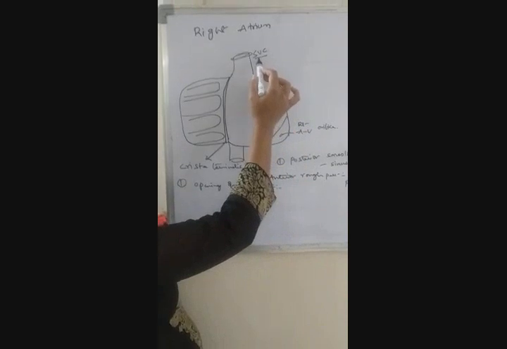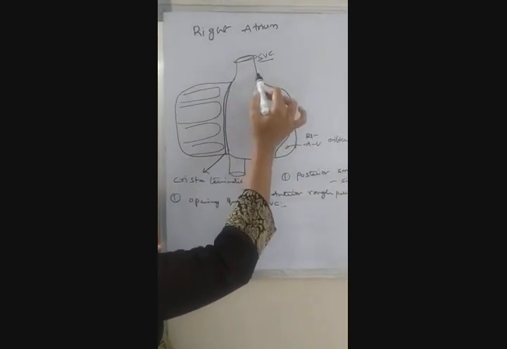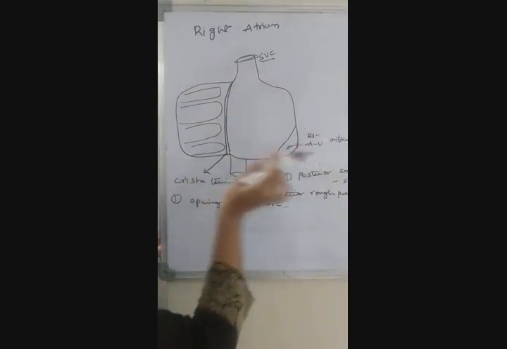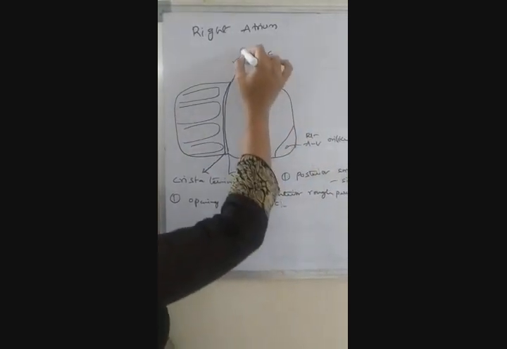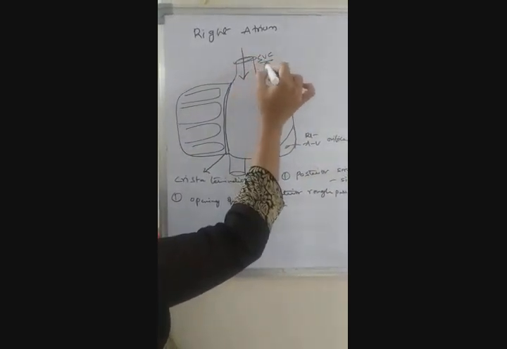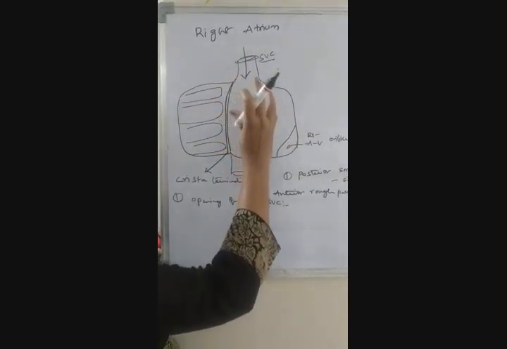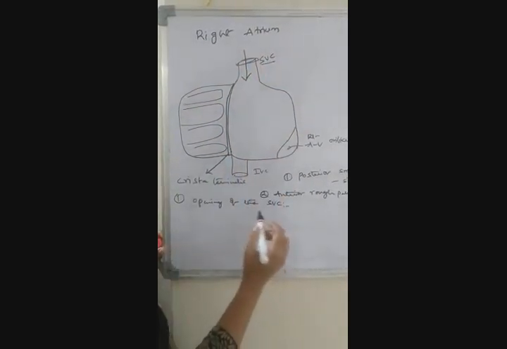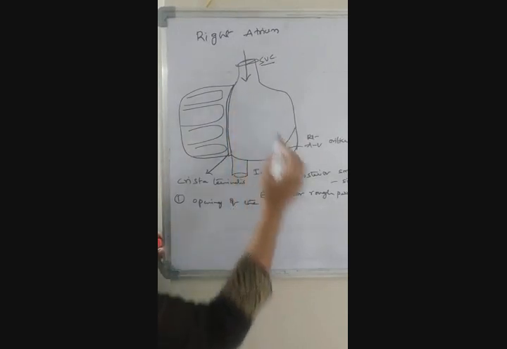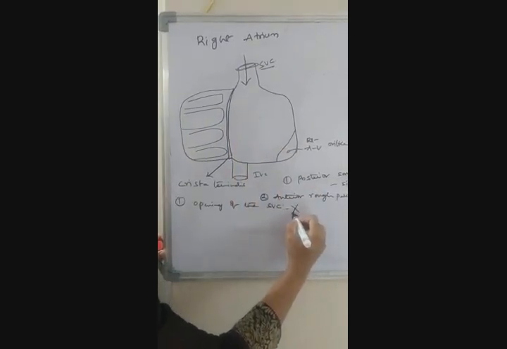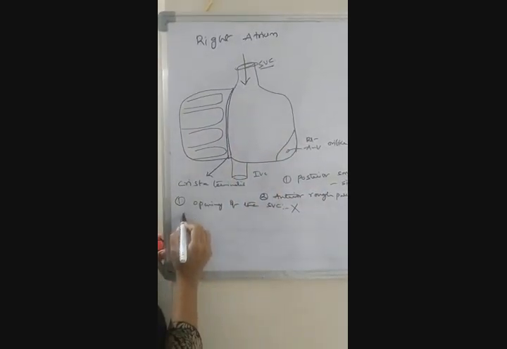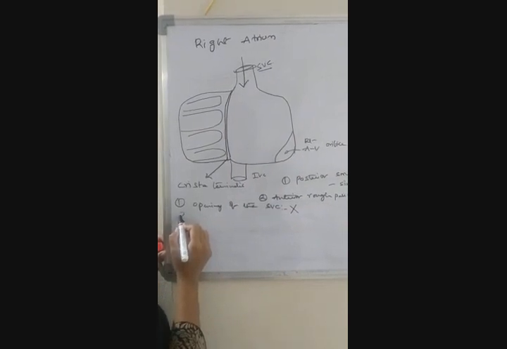The superior vena cava collects the whole of the venous blood from the upper part of the body, and it is not guarded by any valves. That is about the opening of the superior vena cava.